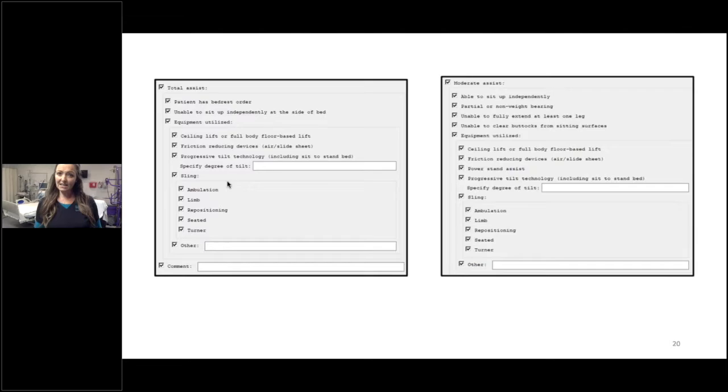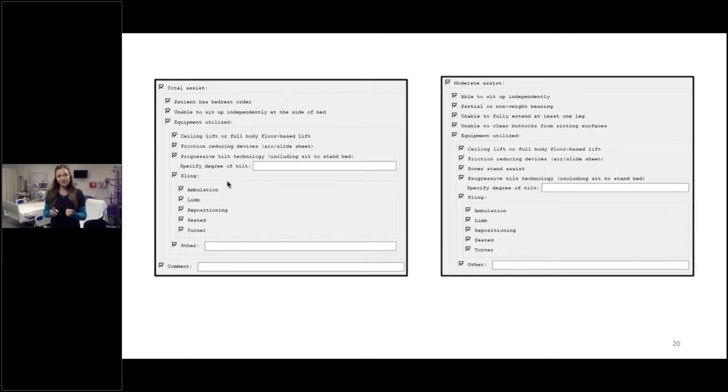If they can sit up by themselves, then you go to see if they can stretch and point their legs. And we're going to demonstrate this in just a moment. If they are unable to fully extend at least one leg, or if they're unable to clear their bottom from the chair or the bed, then they are going to remain a level 2 moderate assistance.